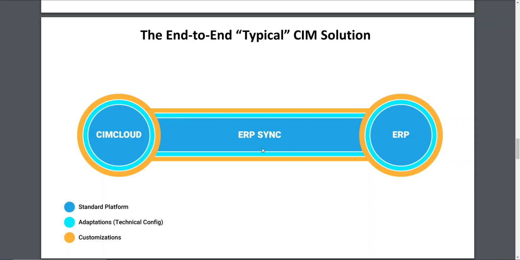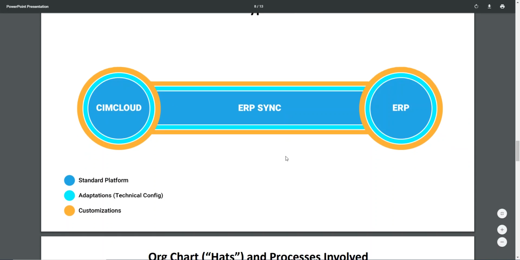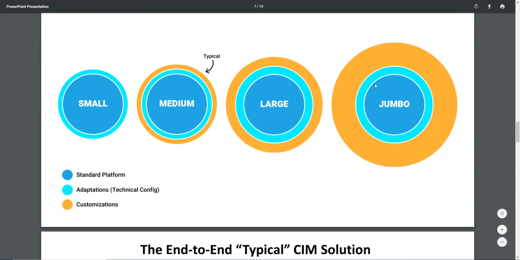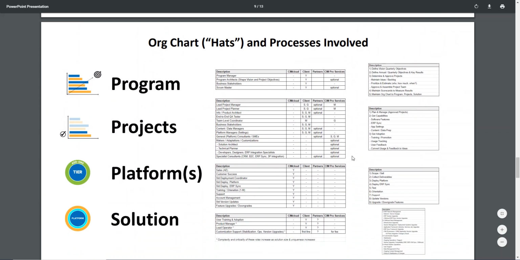So the overall solution is more involved than just the SimCloud platform, because we're deeply integrated with the ERP system. As you get adaptations and customization, it gets significantly more complex as the overall solution grows. So this would be a typical Sim solution that we're involved with. Looks like this. So I've represented it up above just by simple circles to show a visual cut.